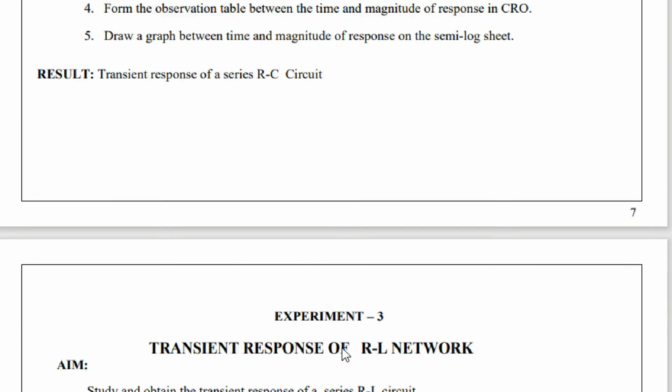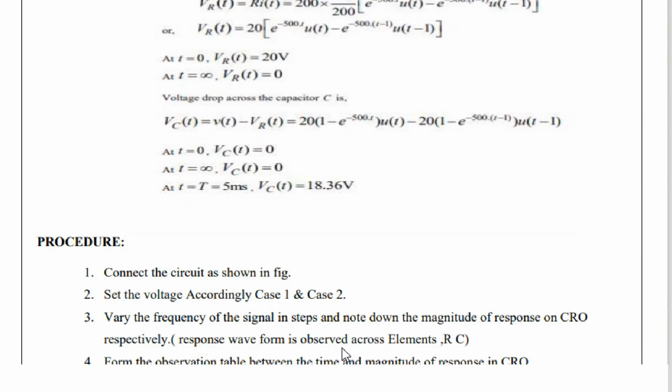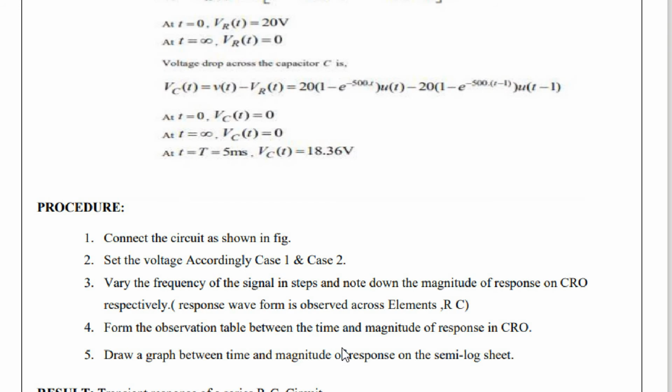So VR of t at t equal to 0 is 20 volts, and at t equal to infinity, VR of t is 0. Similarly, the voltage of the capacitor at t equal to 0 is 0, at t equal to infinity is 0, and at tau, at 5 milliseconds, it is 18.36. So these are all the values we got at different times. By considering the two cases, we got Vc of t, VR of t, and I of t.